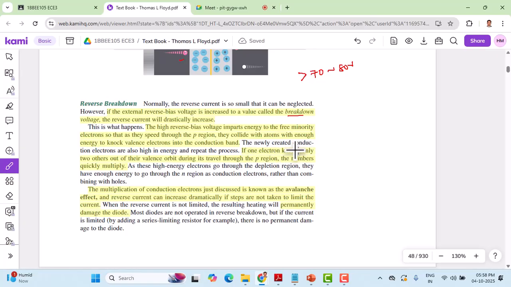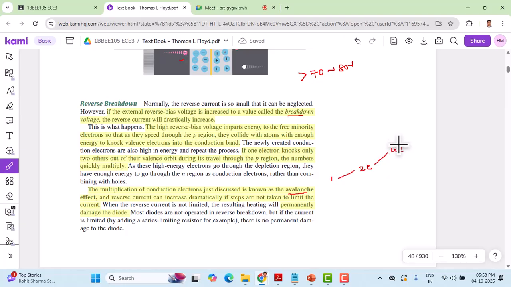If one electron knocks only two others out of their valence orbit during its travel through the P region, the numbers quickly multiply. Electrons hit the atoms and release more electrons, and this causes an avalanche effect. From one electron, it releases two electrons, then 2 to 4 electrons.